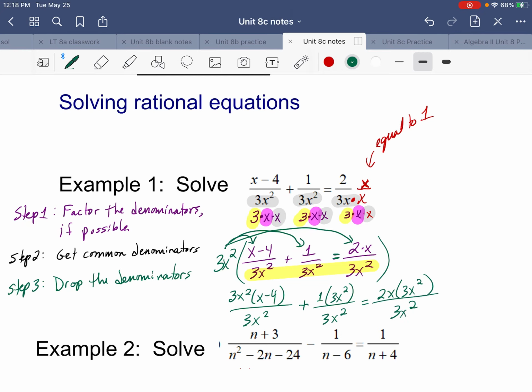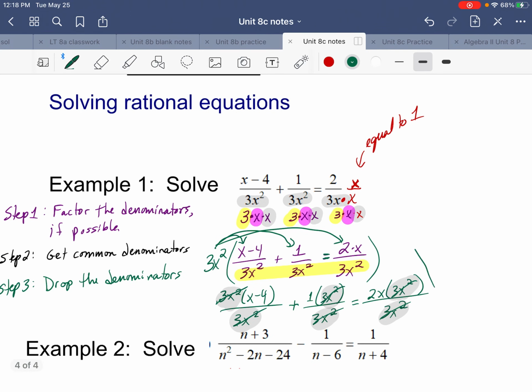You see the numerator and denominator factor-wise, we have 3x squared over 3x squared in each, and those will simplify out. By multiplying every term by the exact same thing, 3x squared, the denominators get dropped. So really we could have just been right here. You have x minus 4 plus 1 equals 2x.